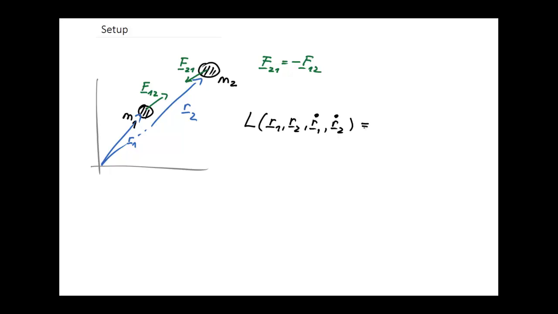It's kinetic energy minus potential energy. The kinetic energy is m1 over 2 times the velocity squared of the first body, plus the kinetic energy of the second body, that's m2 over 2 times the velocity of the second body squared. And then we have minus the potential.